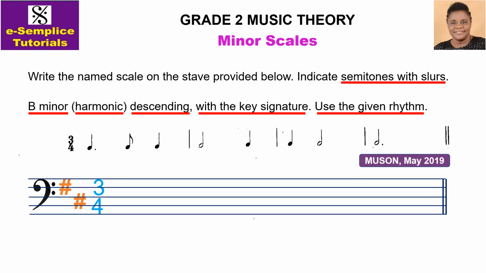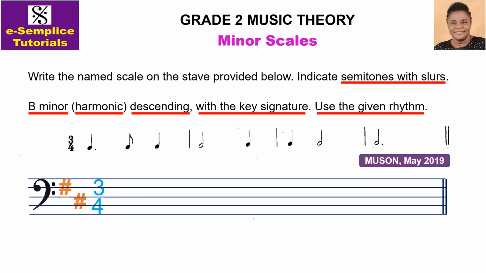Now we need to start. Remember, your first note should be on a B position, and it is a descending scale, so look for a B position that will enable you to descend without having to use too many ledger lines.